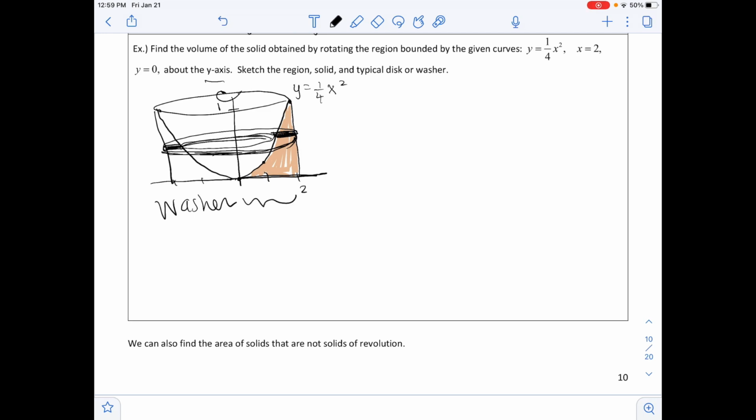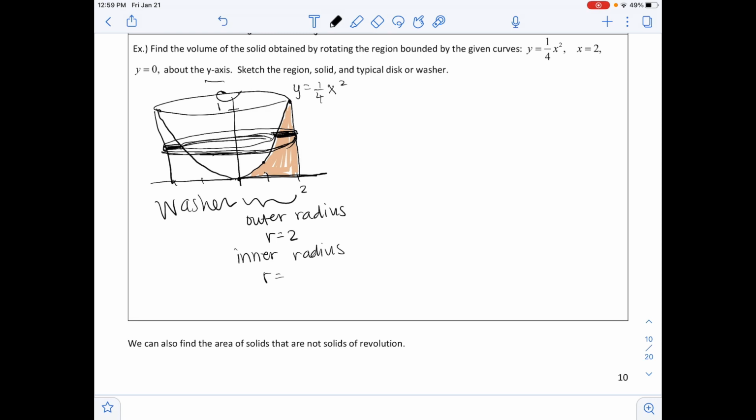So the outer radius is going to always stay at 2. And so now we need to look at the inner radius.